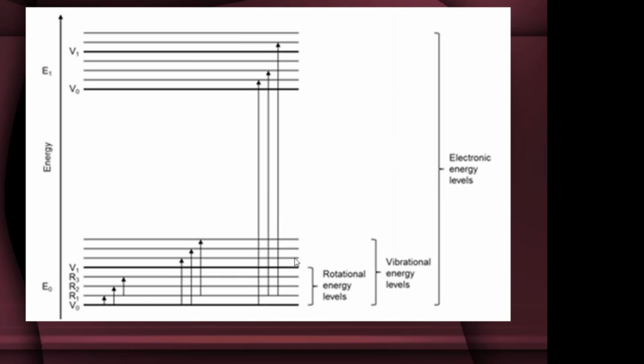Each of the narrow peaks in turn is comprised of a number of closely spaced lines, which represent rotational transitions, and the narrow peaks represent vibrational transitions, and the whole overall is a broadband spectrum which represents electronic transitions. That's why you get a broadband spectrum with electronic transitions in case of UV visible radiations.